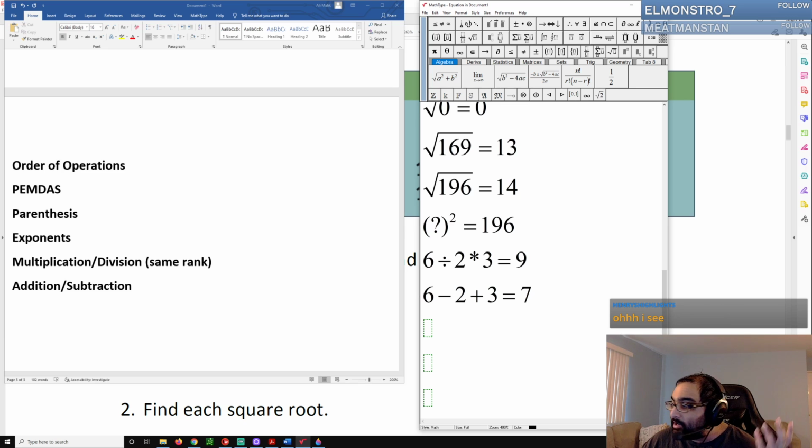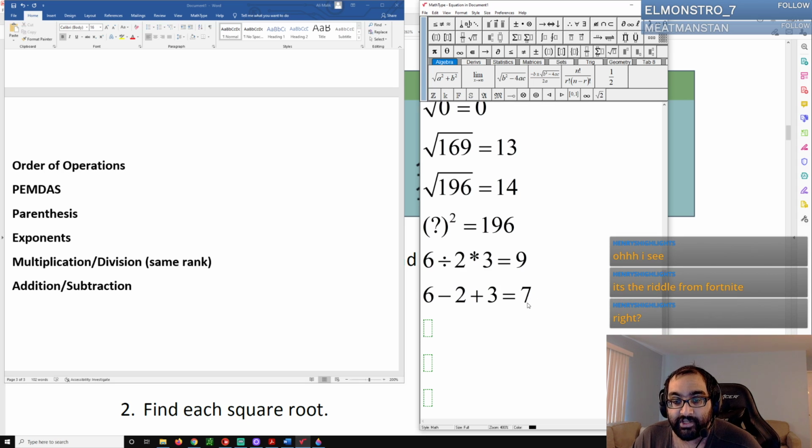The same thing applies for division and multiplication. I just go from left to right and do it in order. So 6 divided by 2 times 3: 6 divided by 2 is 3, and then 3 times 3 is equal to 9.